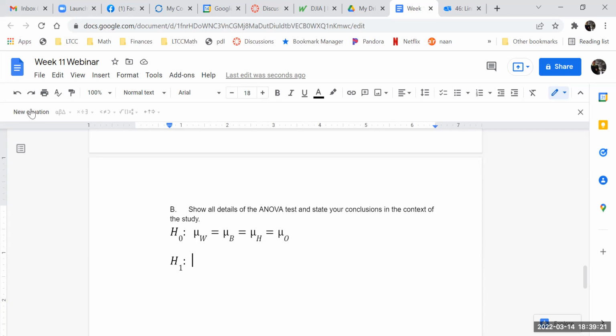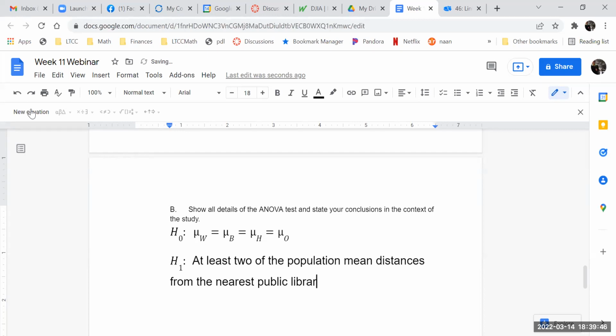Any questions? So H1 is at least 2 of the population mean distances from the nearest public library differs, and maybe I should say at least 2 races, 2 of the population mean distances from the public library differ by race.